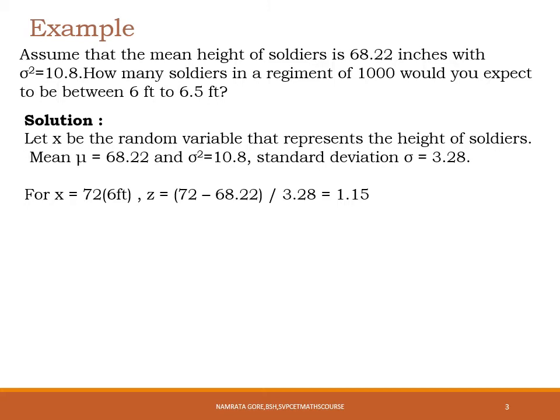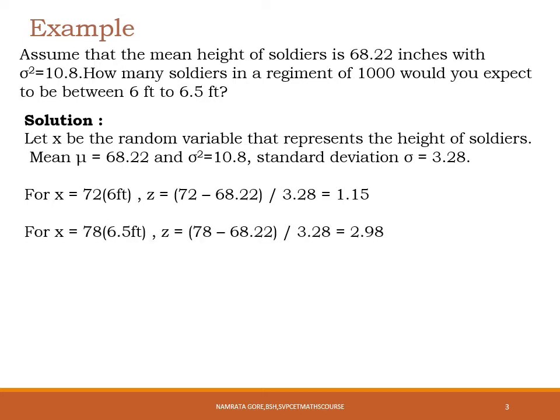So 6 feet is 72 inches, and our standard normal variate z becomes 72, that is x minus 68.22, that is mean, divided by standard deviation 3.28, comes out to be 1.15.